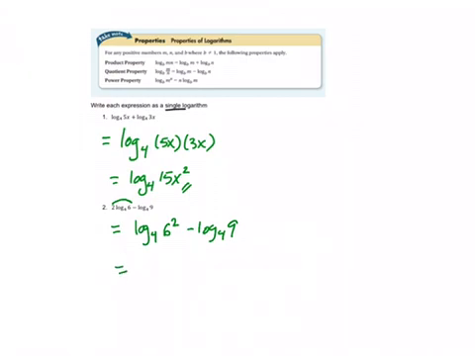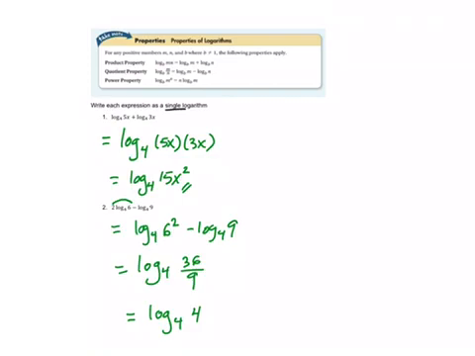Now I'm going to look at the subtraction, so I'm using the quotient property. That means I have 36 divided by 9. As you can see, I'm not using the logarithm on the denominator. It's just the logarithm base 4 of 36 over 9. Now I can simplify that 36 over 9 as 4.